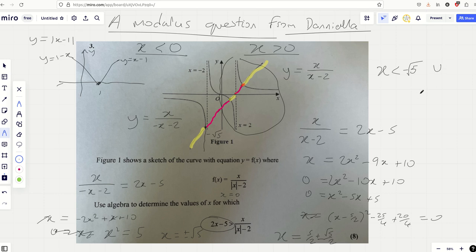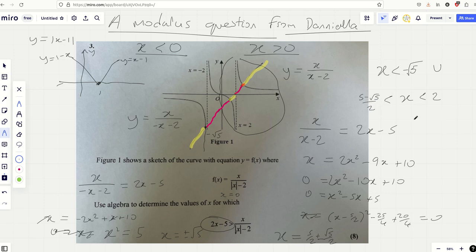or x is between, oh right, we've got to go from there up to the asymptote, so we can have basically x is less than 2, but 5 over 2 minus root 5 over 2 is going to be the bottom. I'm just going to call that 5 minus root 5 over 2, because that's what it is.